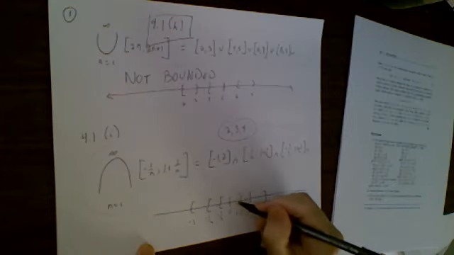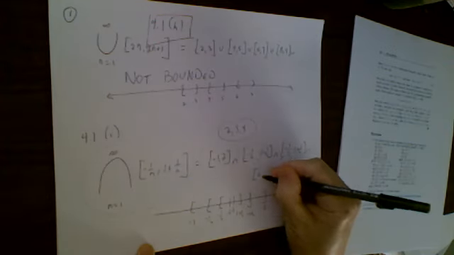Similarly, these endpoints are getting closer and closer to the number 1. So if you think about it, the closed interval from 0 to 1 seems to be contained in every one of these that you're intersecting, because this number is always less than or equal to 0, and this number is always greater than or equal to 1. But if you're less than 0, at some point you're going to be excluded here. If you're more than 1, at some point you're going to be excluded here. So it looks like the intersection is just a fancy way of saying the closed interval from 0 to 1.